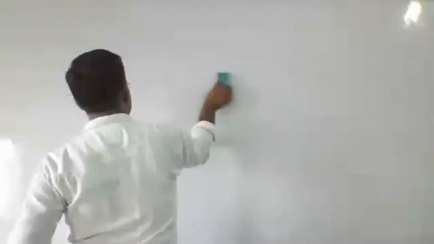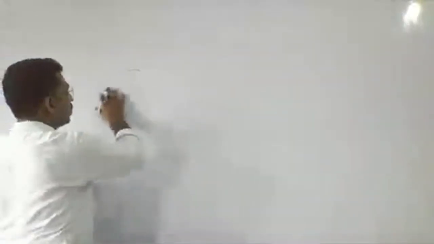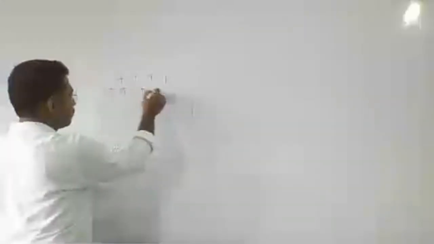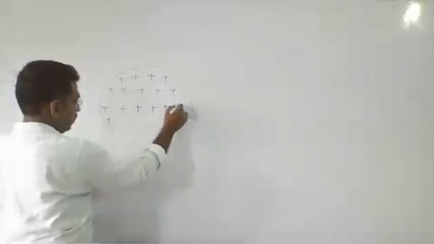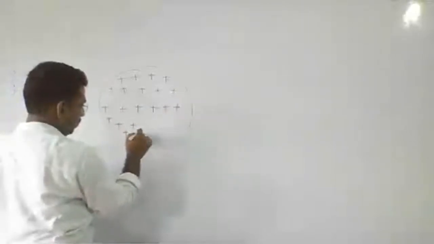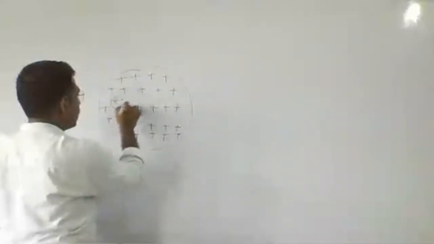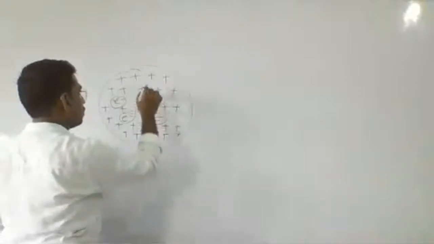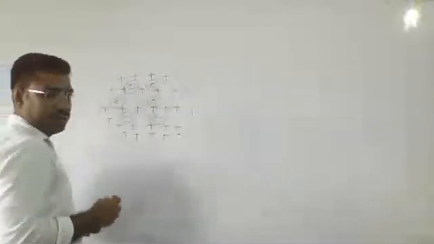An atom is a sphere of positive charge, meaning positive charge is everywhere. But at some places we have negative charge, like this.